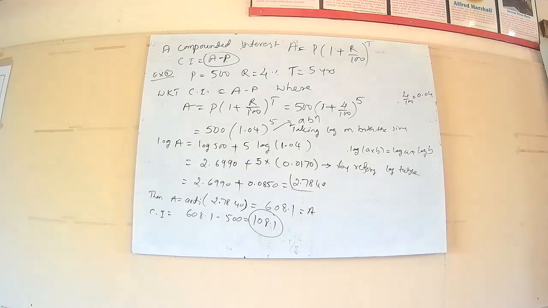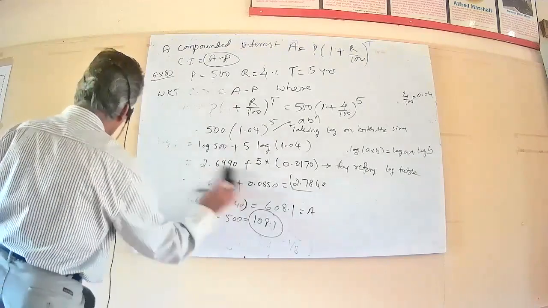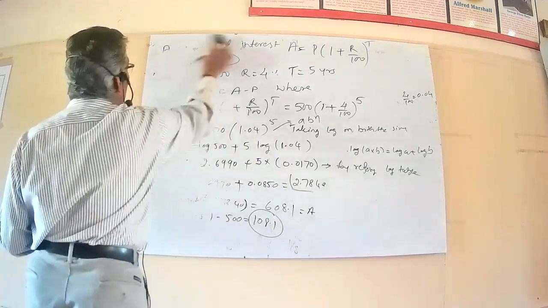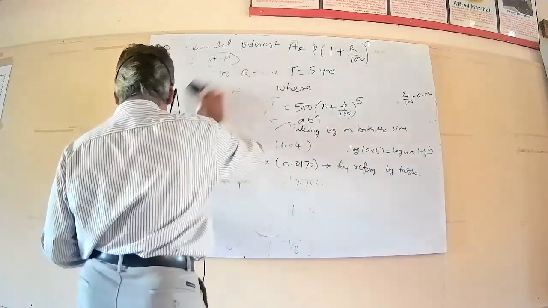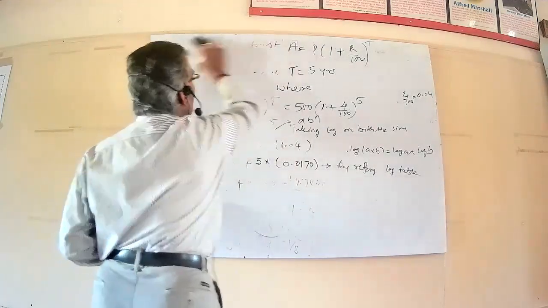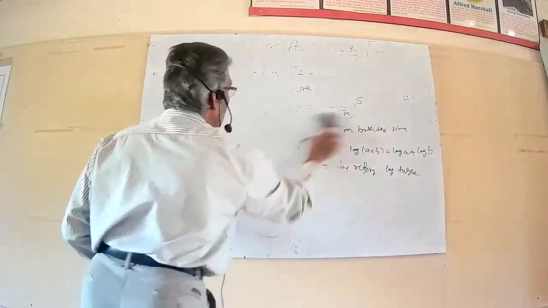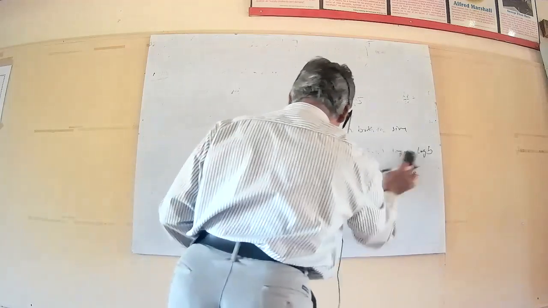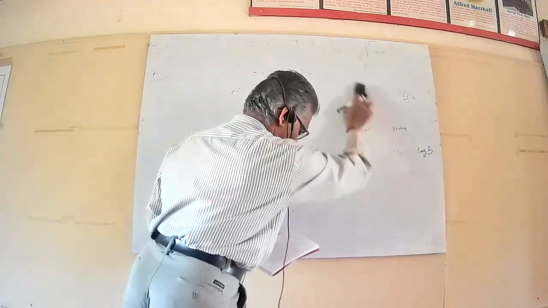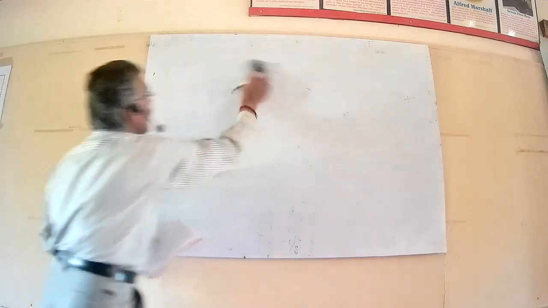Second is, take down example number 2. Example number 2 is: find the compound interest on rupees 450 for 7.5 years at 3.5% per annum.